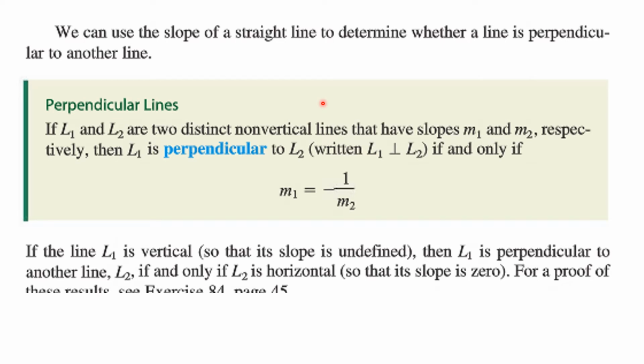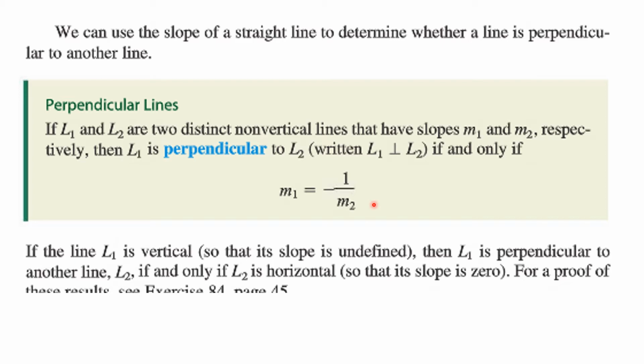We also have a condition for lines being perpendicular. So if L1 and L2 are two distinct non-vertical lines that have slopes M1 and M2 respectively, then L1 is perpendicular to L2, written this way. We would read this: L1 is perpendicular to L2 if and only if M1 is equal to minus 1 over M2.